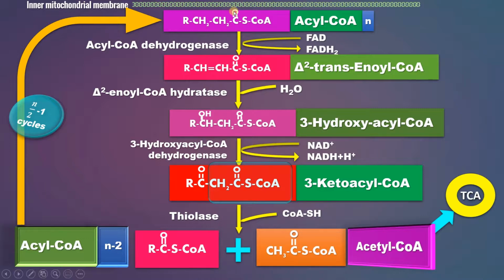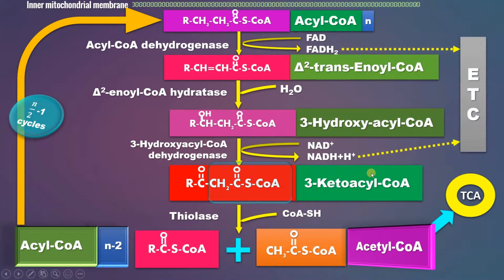And we have reducing equivalents here, FADH2 and NADH. They all enter the electron transport chain and give ATP. Remember, one FADH2 after entering the electron transport chain will give 1.5 ATP, whereas one NADH will give 2.5 ATP, which I am going to explain in the next video, that is energetics of beta oxidation.